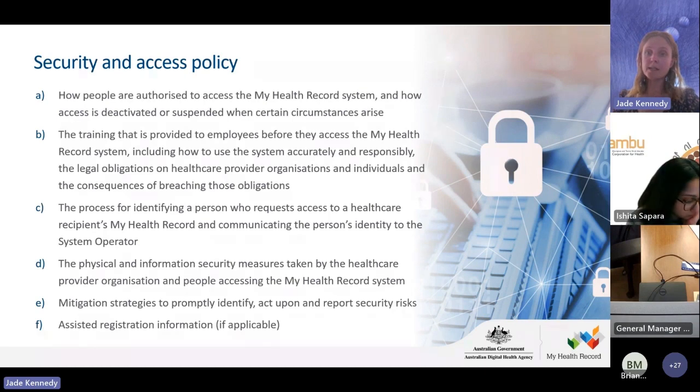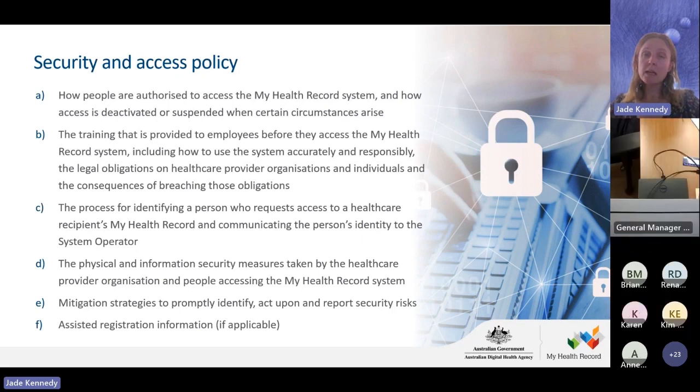And one other thing to point out with regards to these themes that need to be covered, it is possible under the My Health Records Rule 2016 to not cover any of these topics if the organisation considers that the topic doesn't apply due to the size of the organisation. So, for example, as I mentioned, assisted registration, not all organisations are providing that.